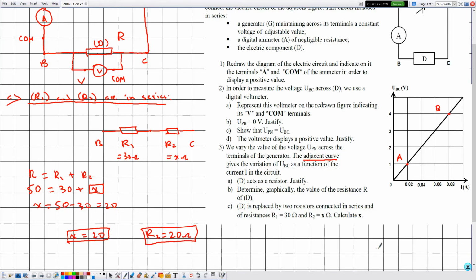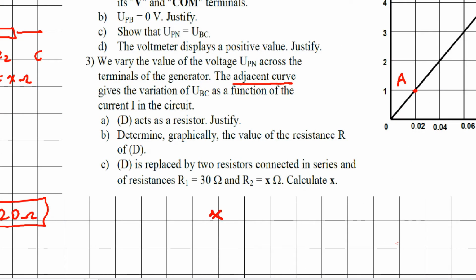Because suppose that if we have placed for X unit, which is equal to 20 ohms for example, and now R2 is given by X ohms, which is equal to 20 ohms. The first ohm is for the X, and the second ohms for this, which will be equal to 20 ohms to the power 2, and this is not the SI unit of the resistance. It's not unit of resistance at all.